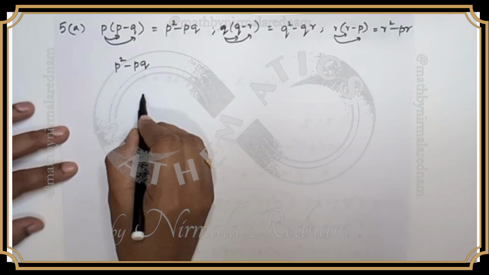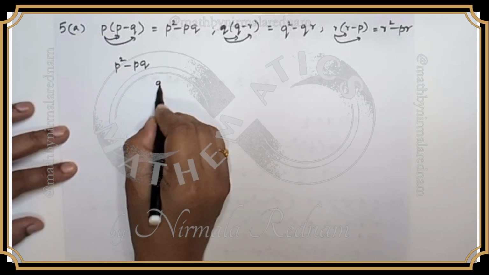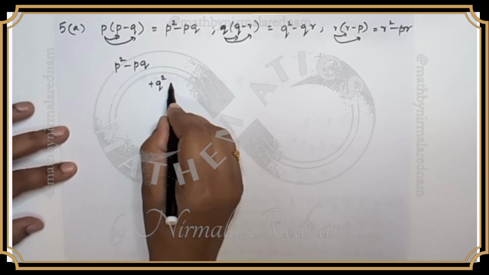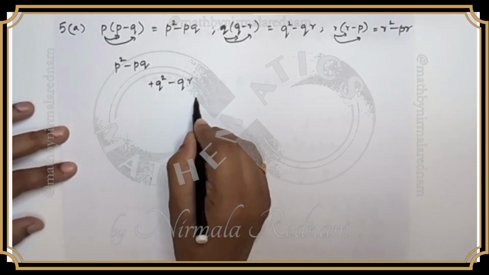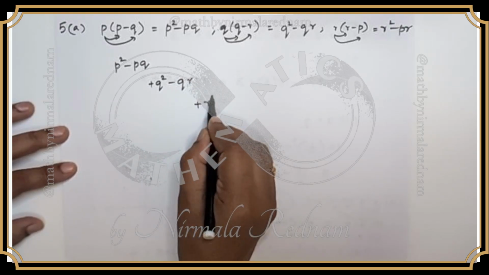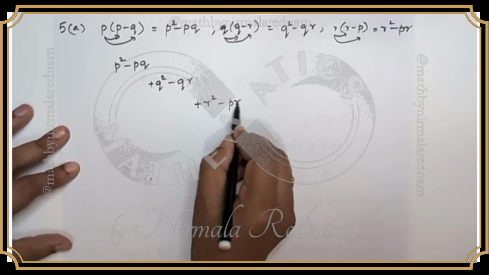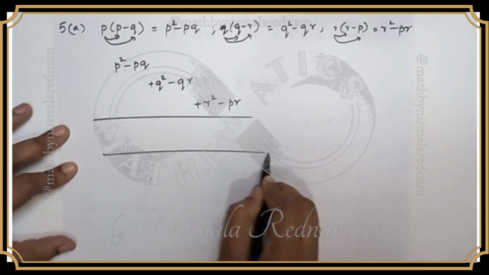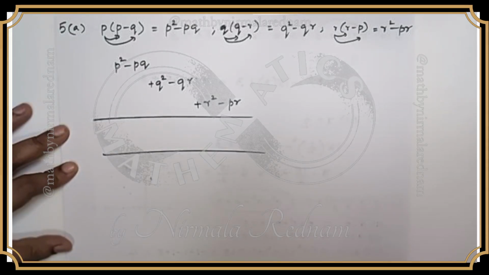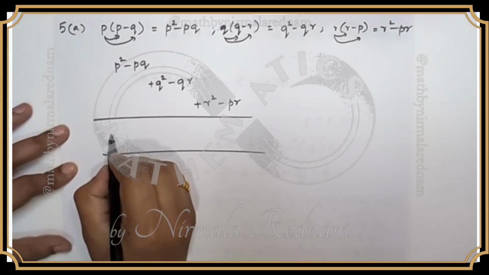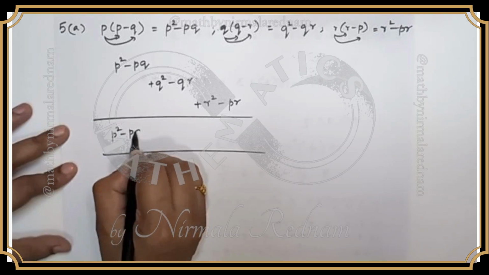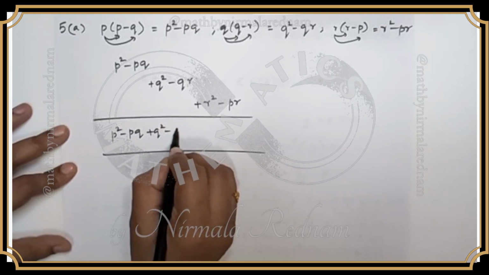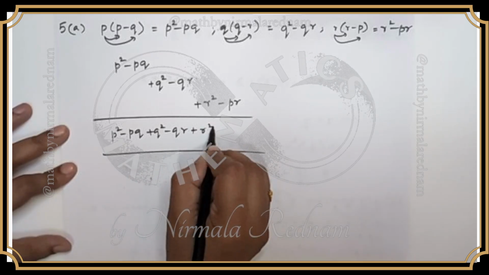The second one is Q square, there's no like term, so I'm going to write it below, minus QR. Again, in the third row, there's no like term, so I have to write it separately. So you can see that no single column has more than one term. There are no like terms at all in this. P square minus PQ plus Q square minus QR plus R square minus PR.